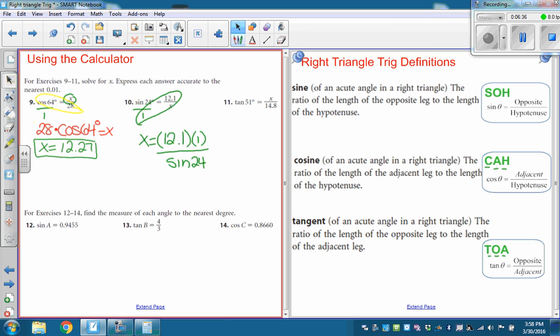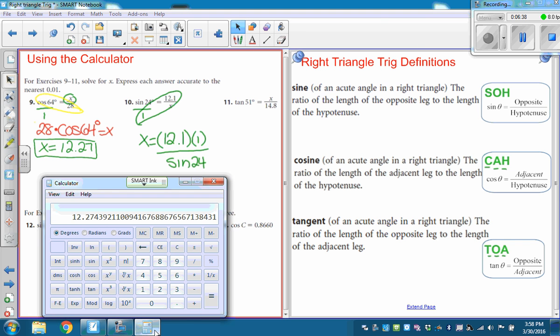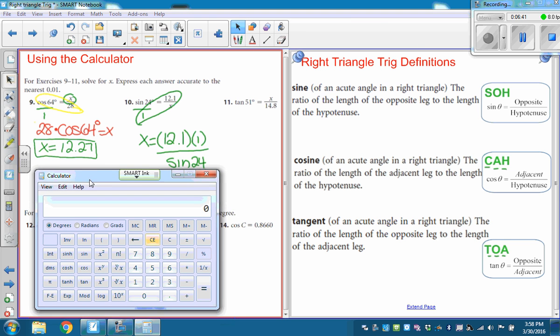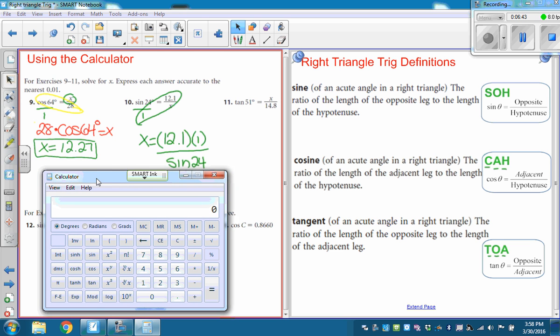So again, I'm going to pick up that calculator, clear it, and do 12.1 divided by, and remember, my calculator works differently than the TI in class, so I have to put the 24 in and then hit the sine, and then hit equals. You can practice with the calculator in class tomorrow. The final answer there, to the nearest hundredth, is 29.75.